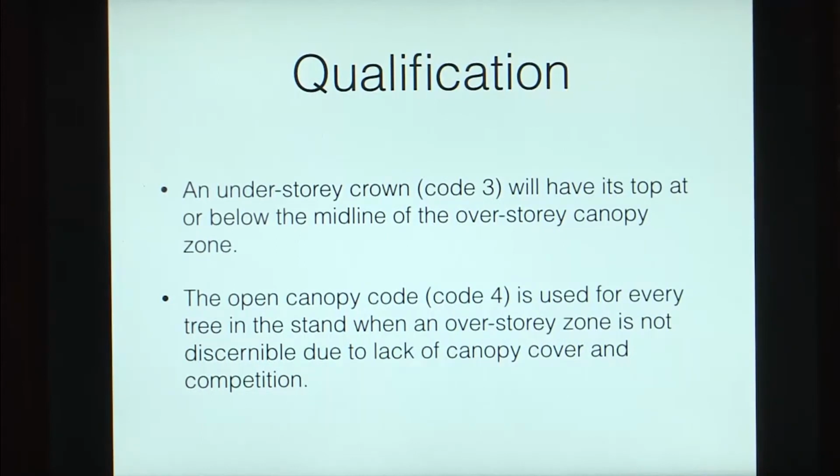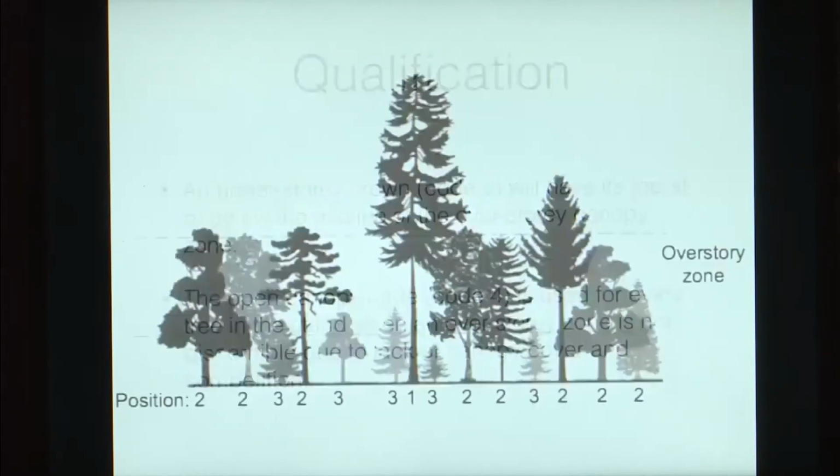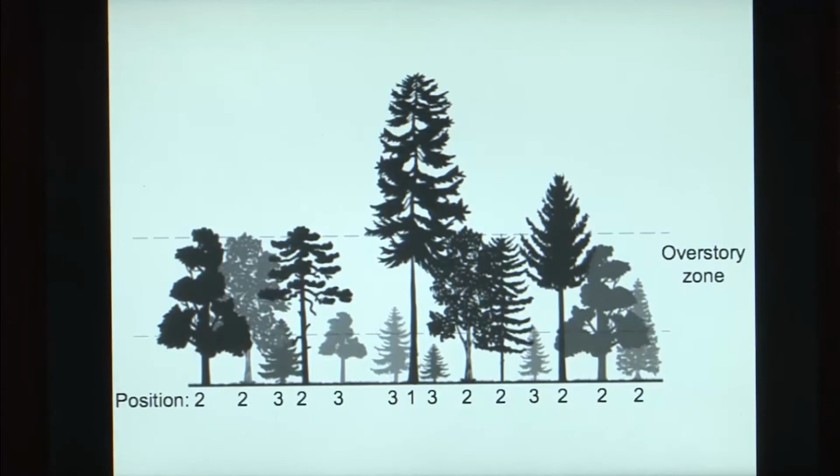The open canopy code or code 4 is used for every tree in the stand where an overstory zone is not discernible due to lack of canopy cover and competition. So, for instance, here we only have trees of code 1, 2 and 3.